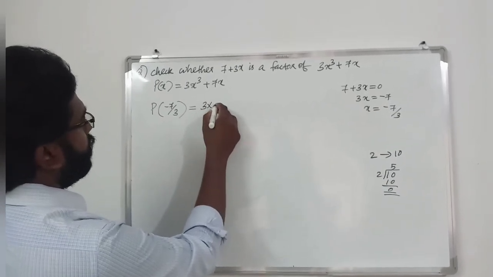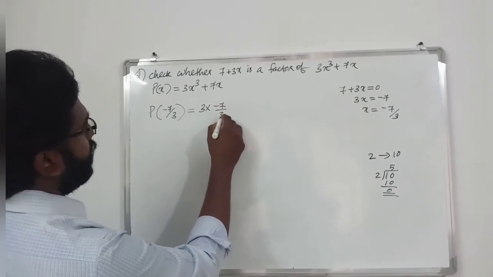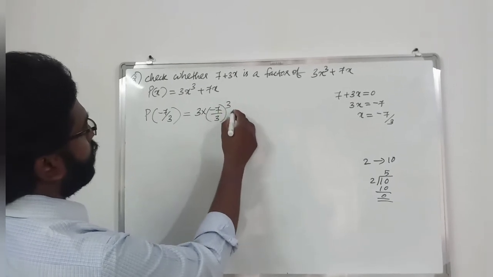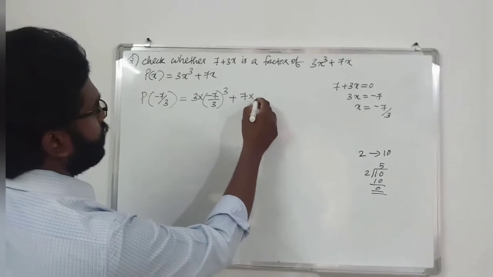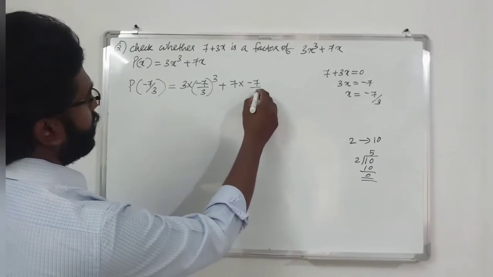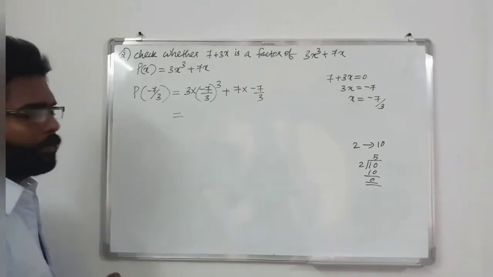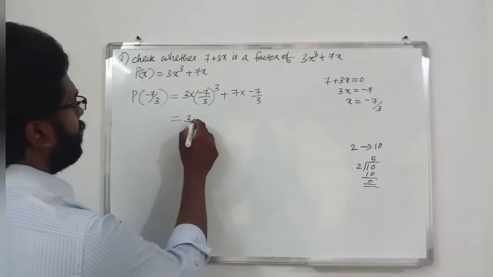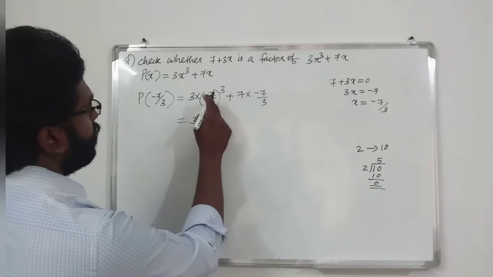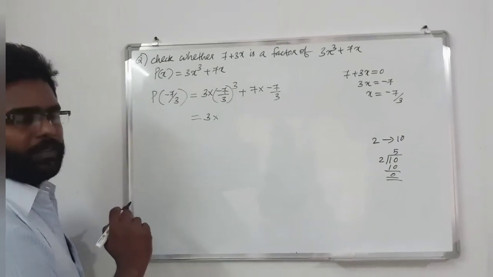3 into minus 7 by 3 cube plus 7 into minus 7 by 3. 3 into cube of minus 7.